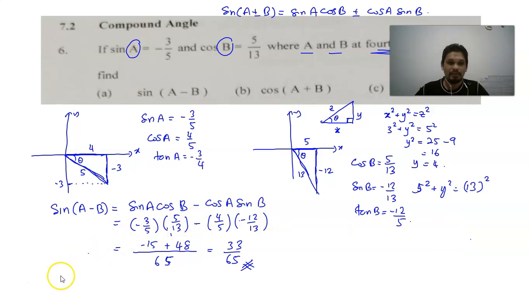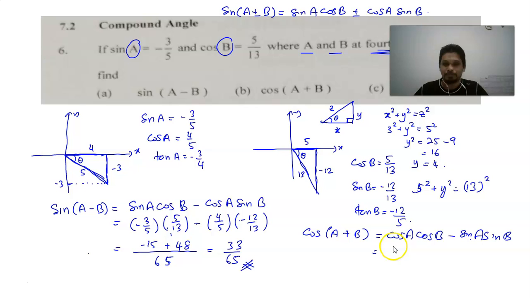But I think that you can just simply refer to the formula of this: sine A plus or minus B, and cos of A plus B equal to cos A cos B minus sine A sine B. So cos A is 4 over 5, cos B is 5 over 13, minus sine A negative 3 over 5 and sine B negative 12 over 13. 4 times 5 is 20, minus negative times negative is positive, 12 times 3 is 36, divided by 65.